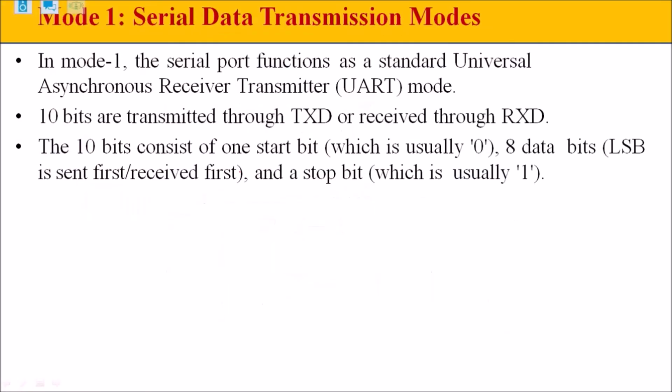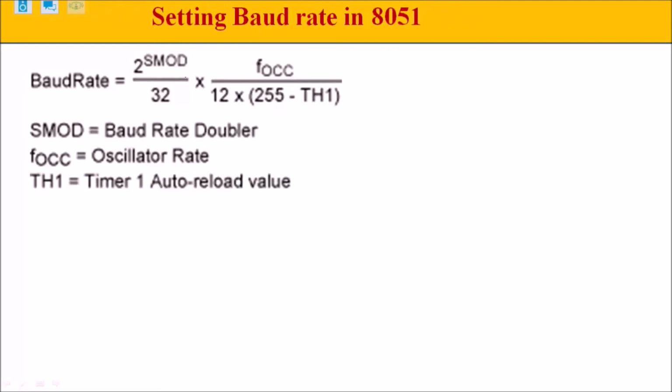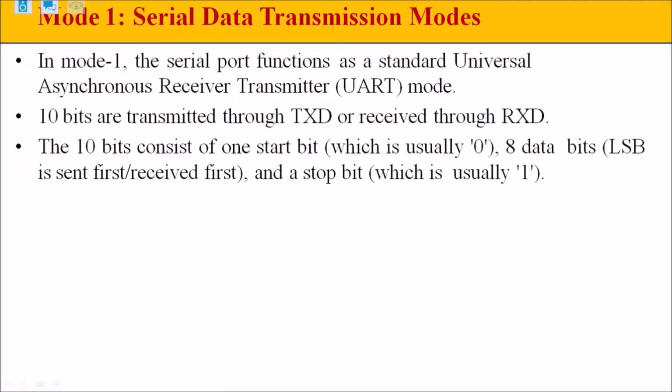Before going to mode 0, we will use this mode 1 only. So mode 1 is the simple mode. It uses the TXD terminal to transmit data, and it uses the RXD terminal to receive data. The start bit is usually 0. 8 data bits are transmitted.